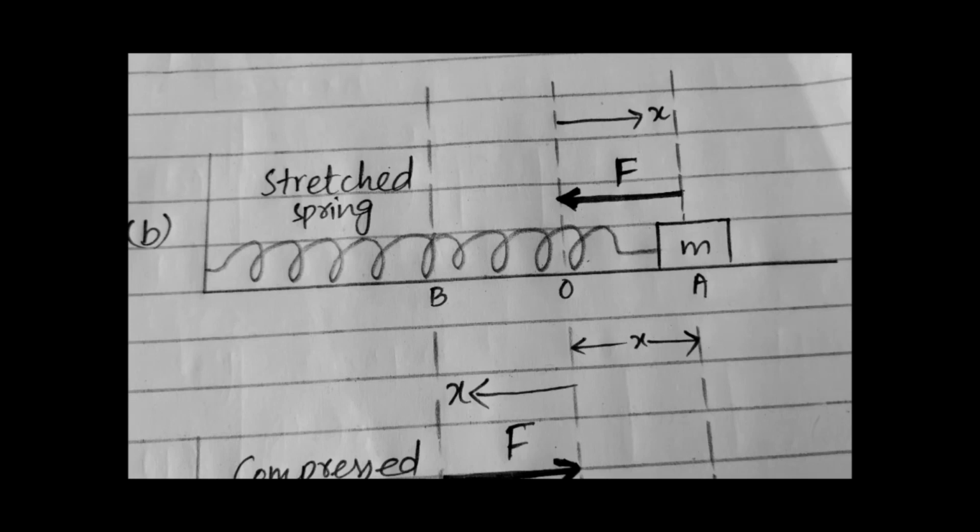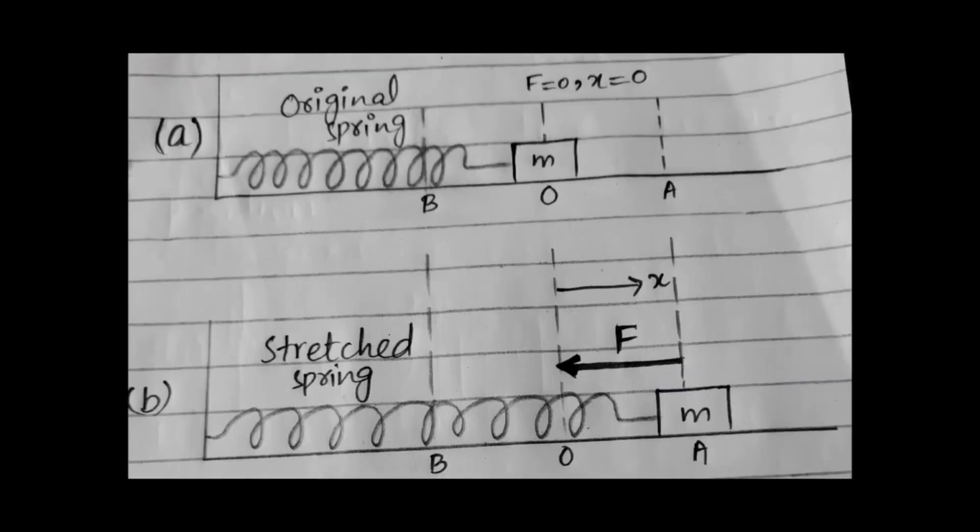When the spring is in its original state there is no force due to the spring on the mass m, because there is no displacement in the spring. When there is a displacement there is a force, but we can see that they are in opposite directions. Displacement is from position O to A, and force is from position A to O.